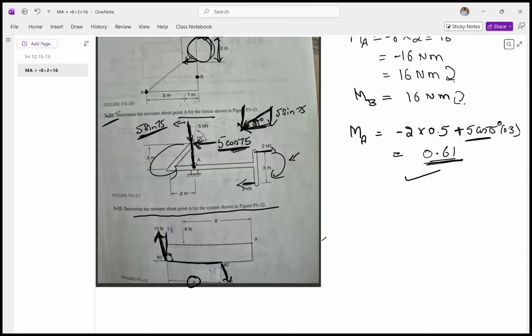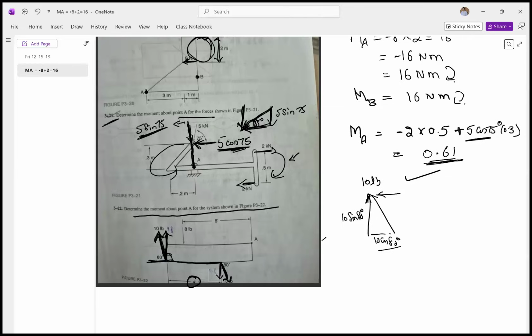The component of this force, which I've mentioned here, is 9.8. How did I calculate that value? If this is 10 pounds, the vertical component and the horizontal component form a right angle triangle. So this will be 10 sine of 80 degrees, and this is 10 cos of 80 degrees.